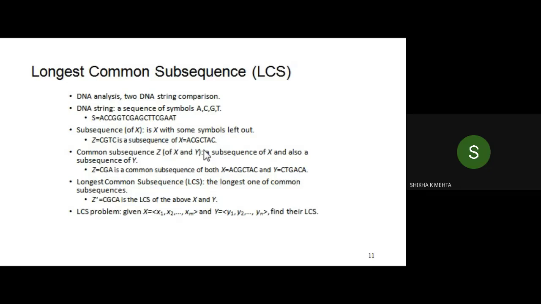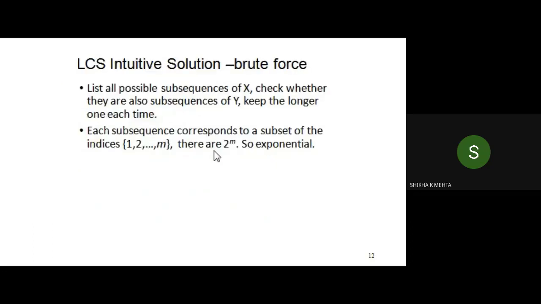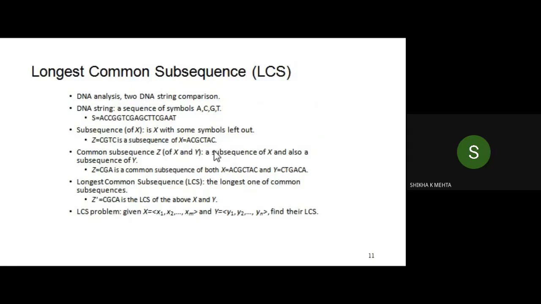Similarly, if I say ACG is a subsequence of X and Y, do we agree to that? Let us see. If I consider A, it is there in X, and at some point A is there in Y. We cannot go back. If we are going forward, there should not be any crossing. Let us say after A, C is coming.